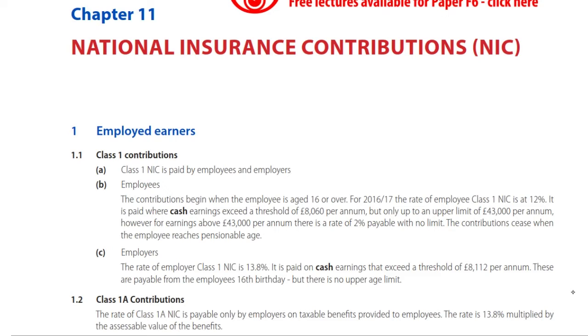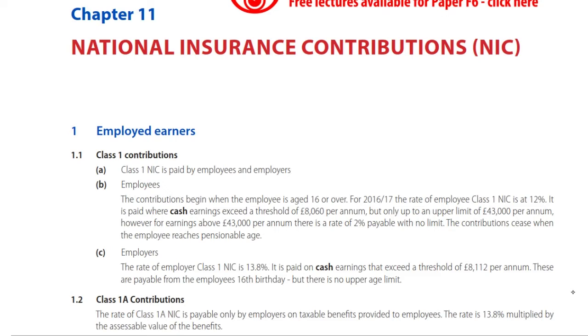So far as the employee is concerned, the contribution will only begin when the employee is age 16 or over. So far as the 2016-17 tax year is concerned, the main rate of employee Class 1 NIC is 12%. I say the main rate.